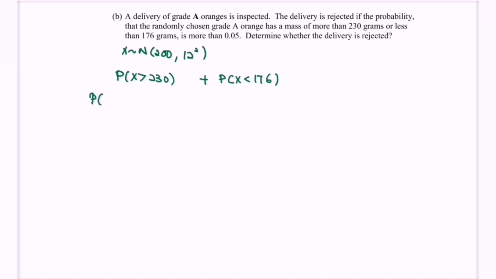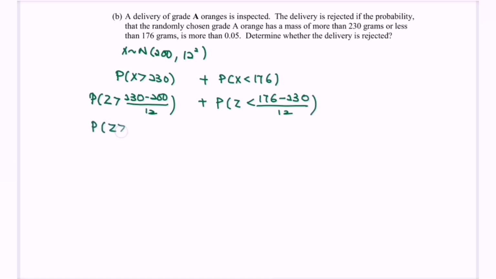Standardize. 230 minus 200 over 12, plus Z less than 176 minus 230 over 12. So standardize, we have Z greater than 2.5 plus probability that Z less than negative 2.